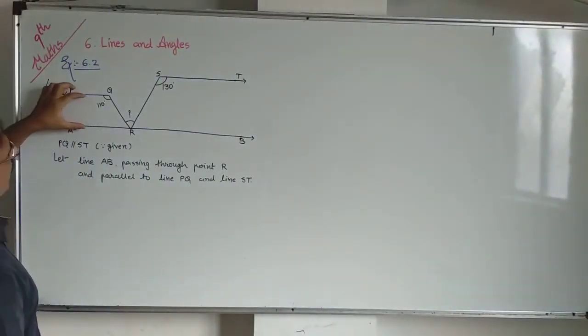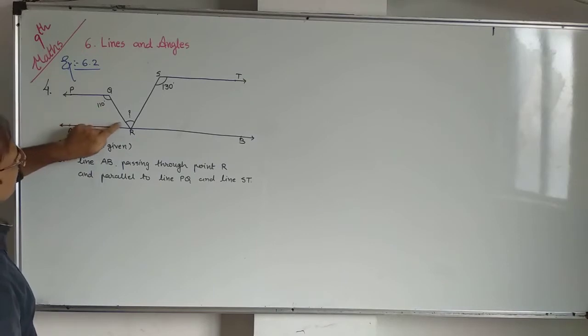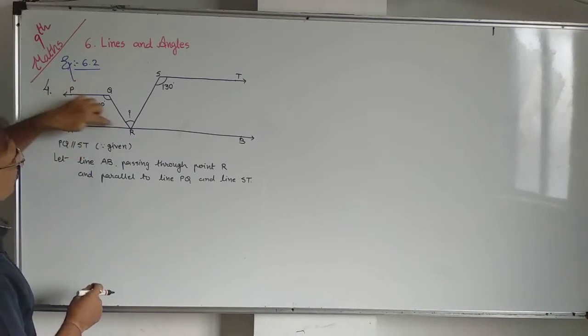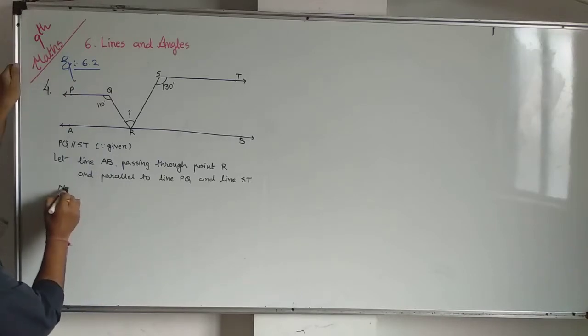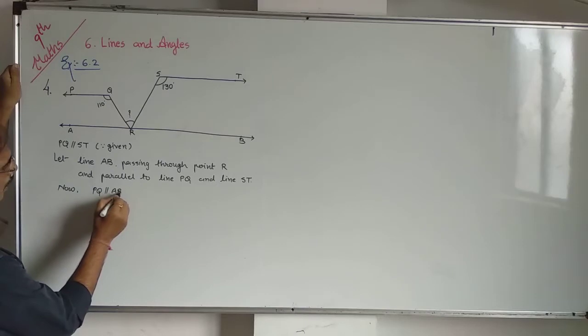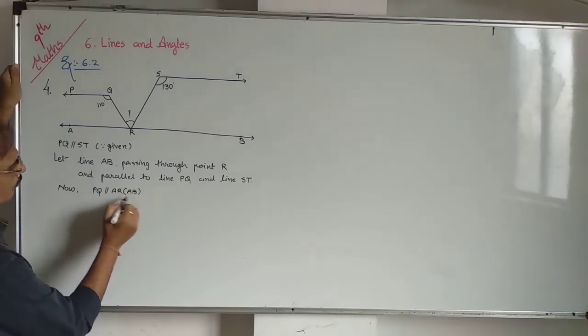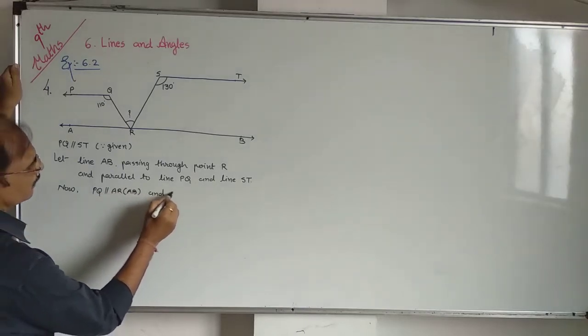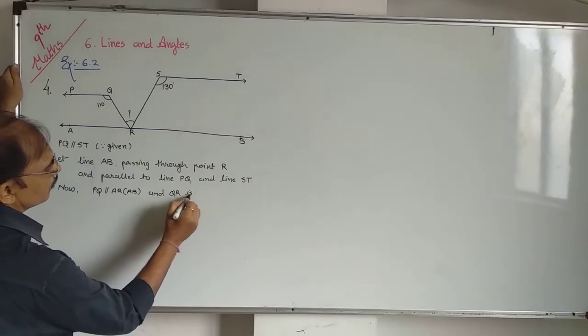Now, if these two lines are parallel, then this angle and this angle form co-interior angles. PQ parallel to AB, and QR is its transversal.